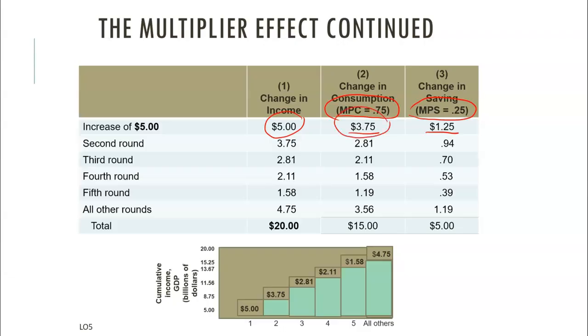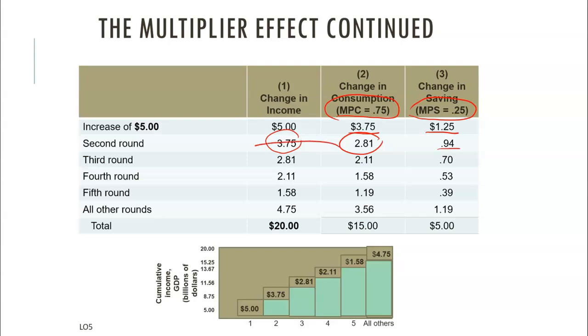Now this money that they spent is going to turn into income for somebody else. So let's say they spent this money at the coffee shop, and the barista now gets paid $3.75. We're going to assume that that barista is now going to spend 75% of that and save 25%. So they spend $2.81 and they save 94 cents.